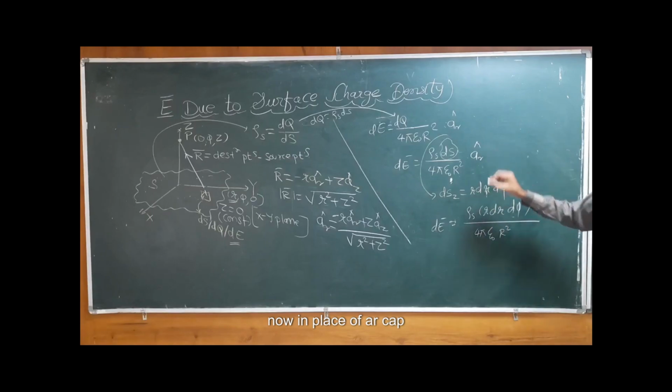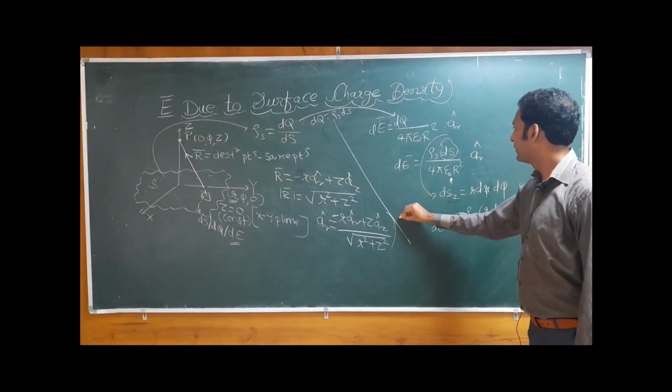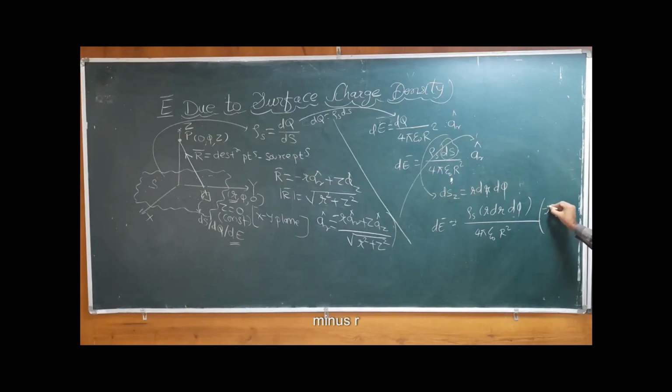Now in place of AR cap we can put this value: minus R AR cap plus Z AZ cap divided by square root of R square plus Z square.